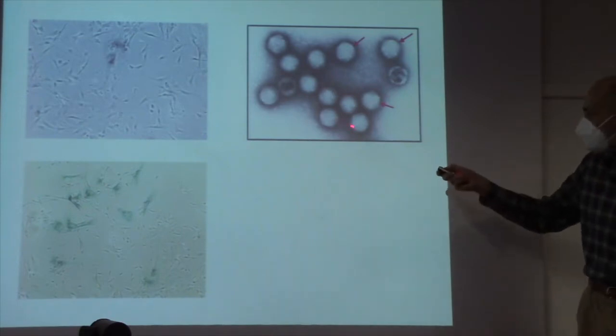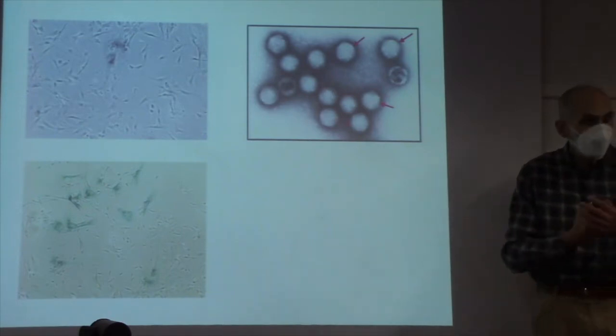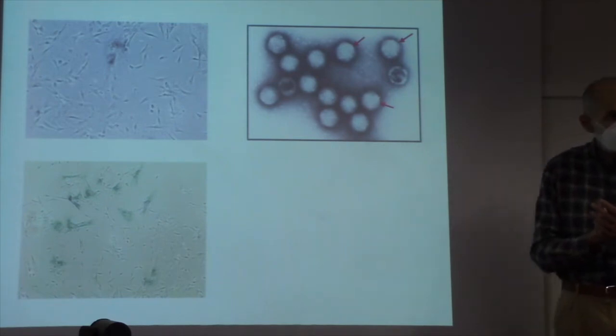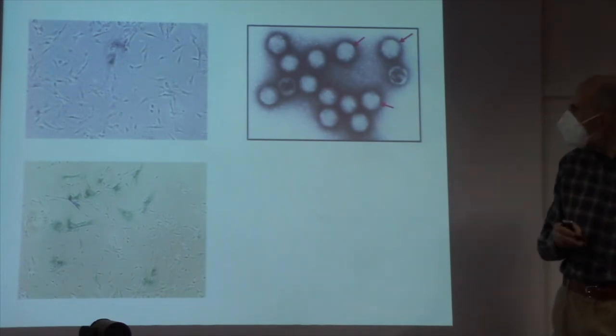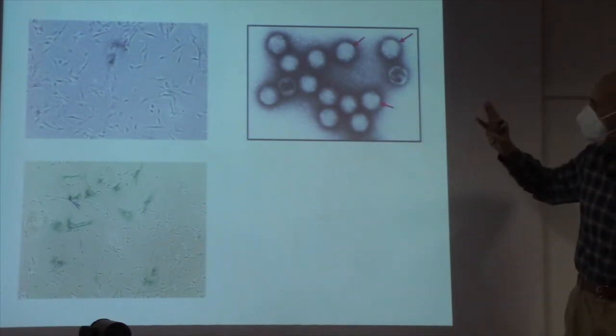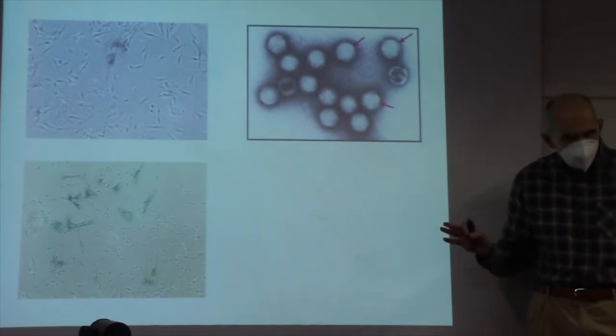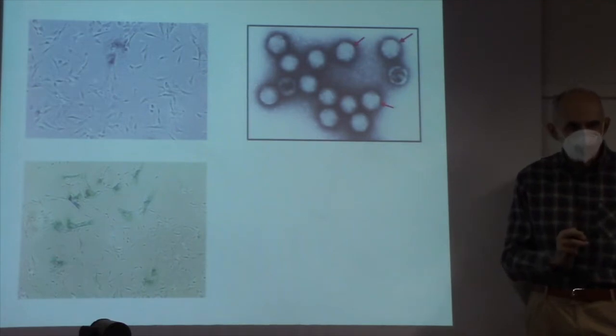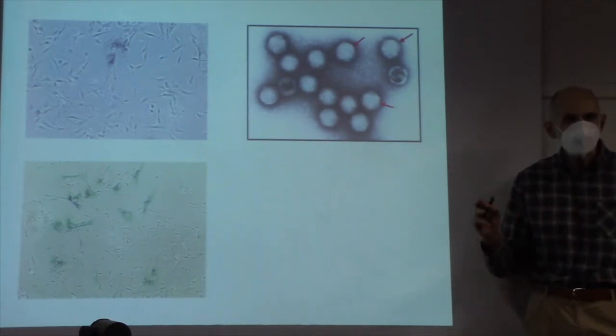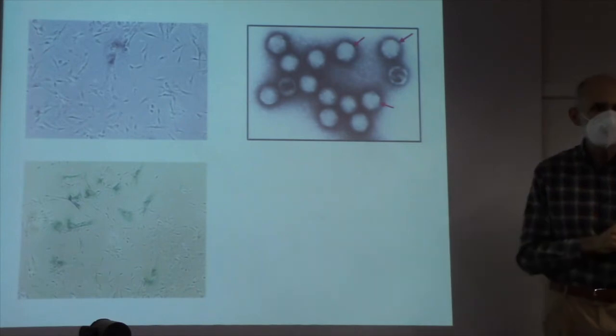But these others might also be defective. Perhaps the core of the virus might not be assembled properly. Perhaps they might not contain their nucleic acid. It's not obvious morphologically. So, how do we distinguish infectious viruses from pseudovirions? This is the question for you.